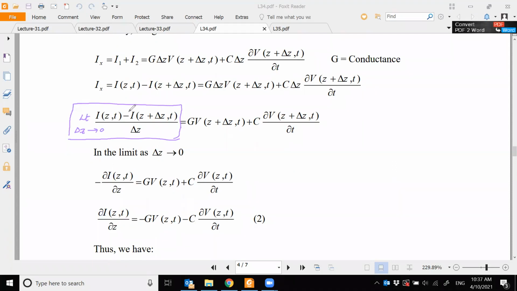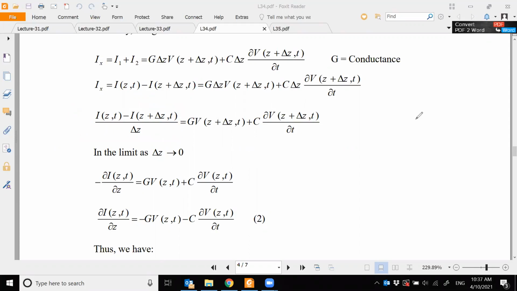See, there is a negative, so I have to take the negative common. Then it will be the definition, because the definition is I(z+Δz,t) minus I(z,t) over Δz, limit Δz tends to 0. So I will take minus common. This is the expression, and if I bring this minus on this side, this is the expression.